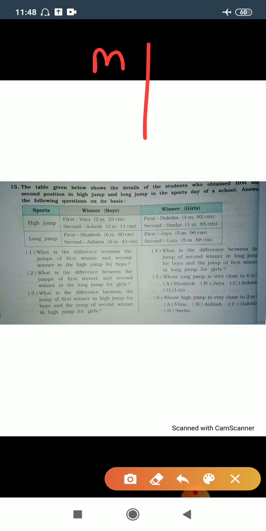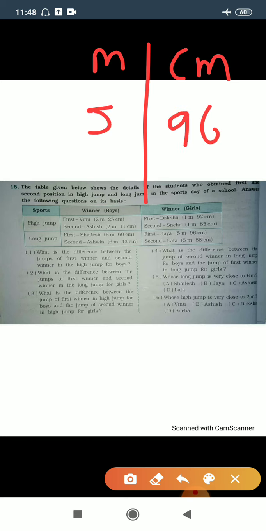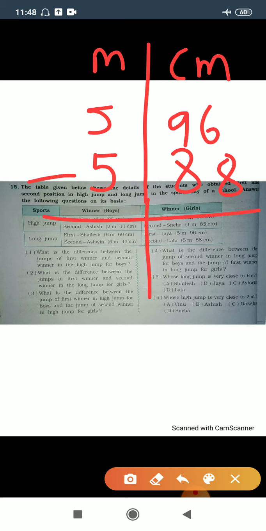First we'll write meter and centimeter. Jaya's long jump is 5 meter 96 centimeter, and Lata's long jump is 5 meter 88 centimeter. Let's find the difference. 6 minus 8, not possible, so we need to cut this 6 and write here 16. Now 16 minus 8 equals 8.